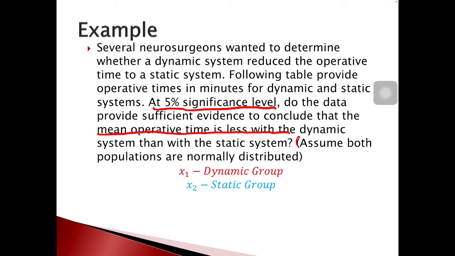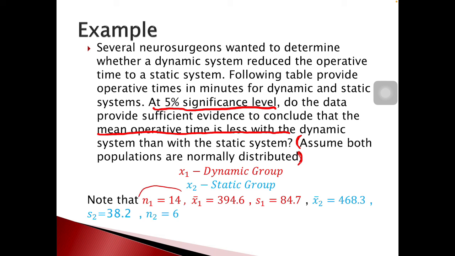Assume both populations are normally distributed. This is important. Since the populations are normally distributed, no problem with that, we can assume x1 and x2 are normally distributed. I have considered here my x1 is the dynamic group and my x2 is the static group.